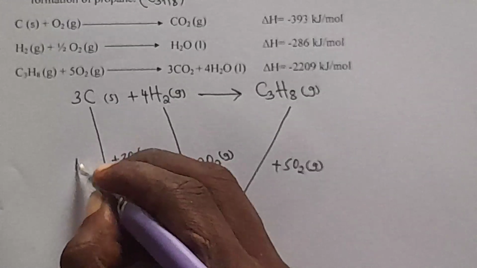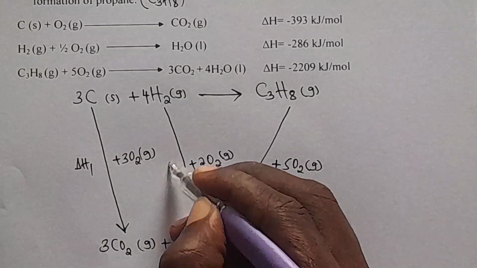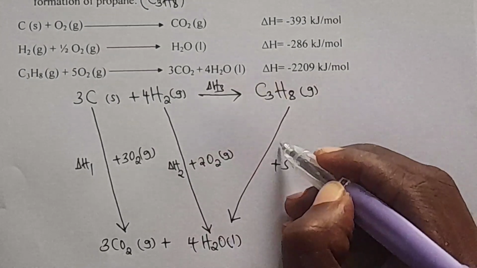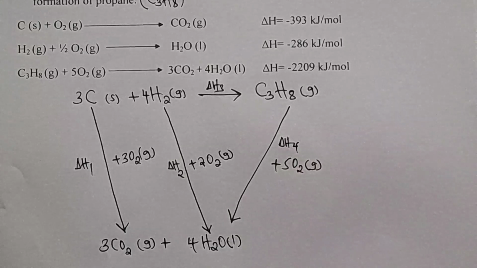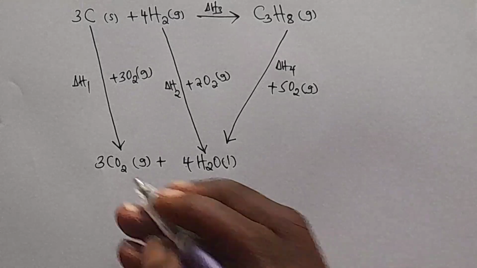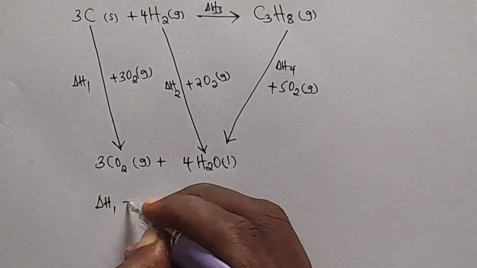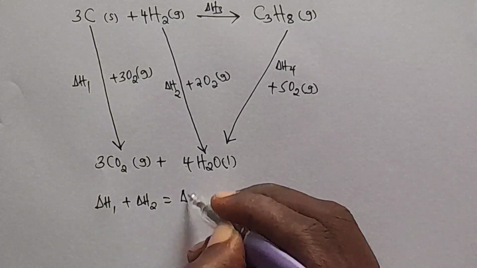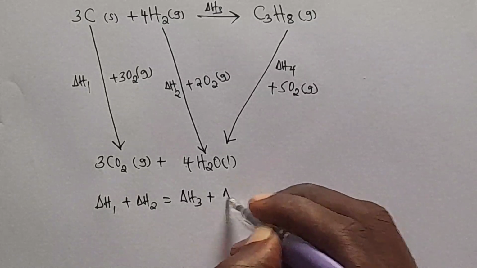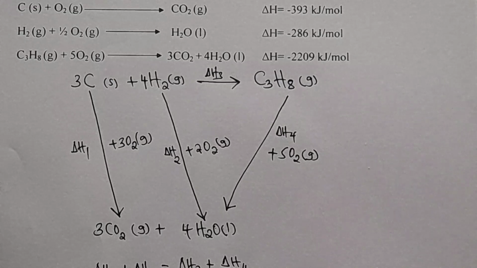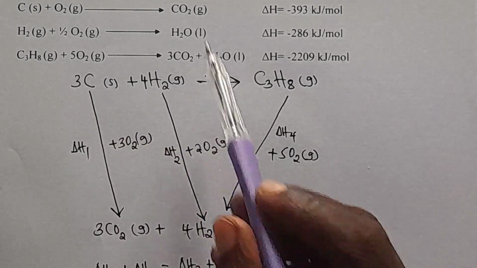So let's have enthalpy change 1 and enthalpy change 2, then this is enthalpy change 3, and here we have enthalpy change 4. So the expression will be enthalpy change 1 plus enthalpy change 2 will be equal to enthalpy change 3 plus enthalpy change 4. Okay, from here, let's look at the enthalpy of combustion of carbon to produce carbon dioxide.